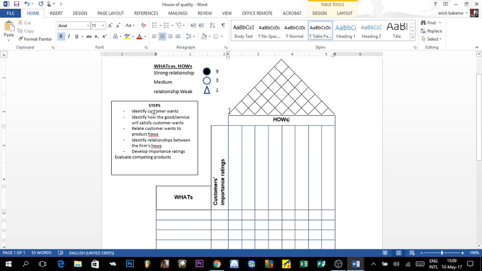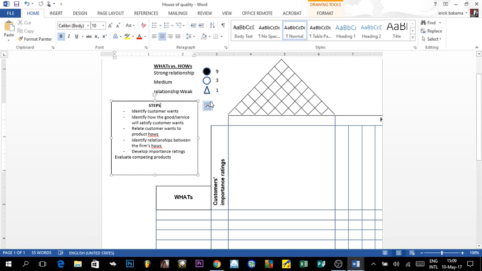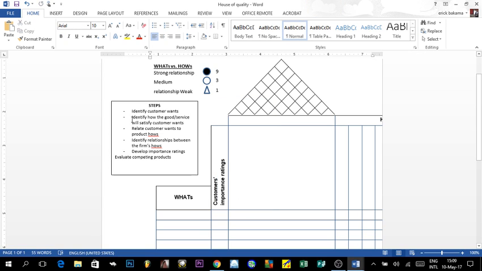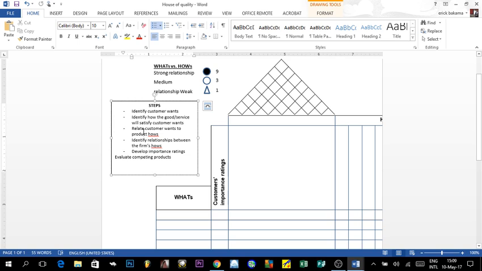But before solving any problem using the house of quality, we must first understand that there are some steps that need to be followed. The first step is understanding what the customer wants, identifying how you will satisfy it, and then identifying the relationship between what the company is able to provide and what the customer wants.